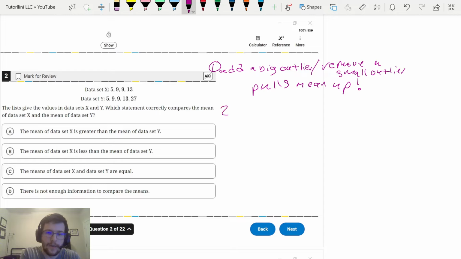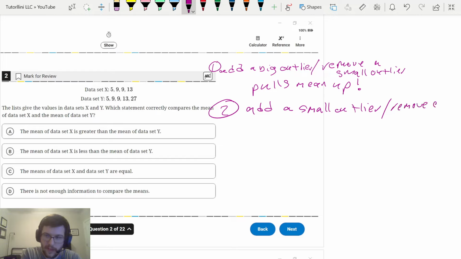Now, if you add a small outlier or remove a big outlier, so add a really small number or remove a really big number, that pulls the mean down, makes it smaller.